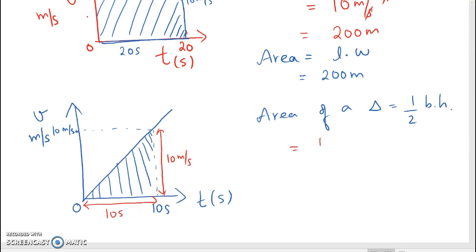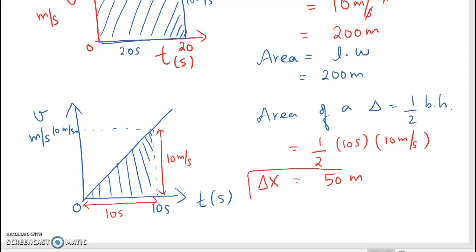So we can write 1/2 times 10 seconds times 10 meters per second, which is 50 meters. So by using the formula that displacement is equal to the area in a velocity time graph, we have calculated the displacement to be equal to 50 meters.